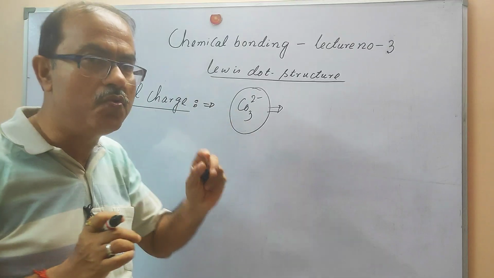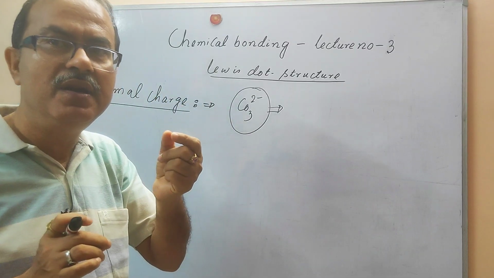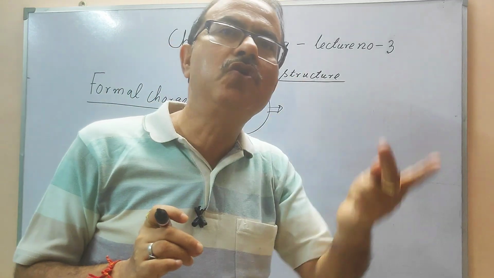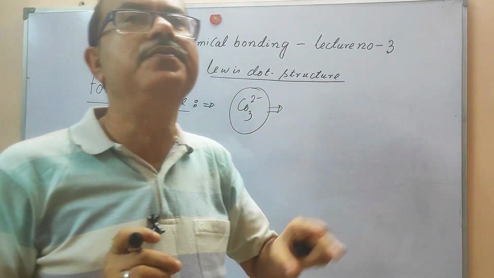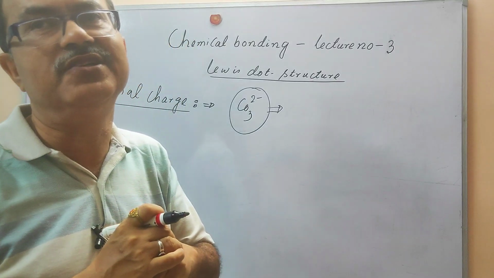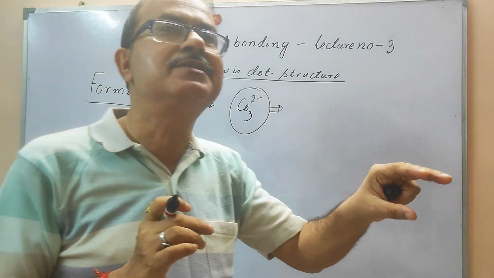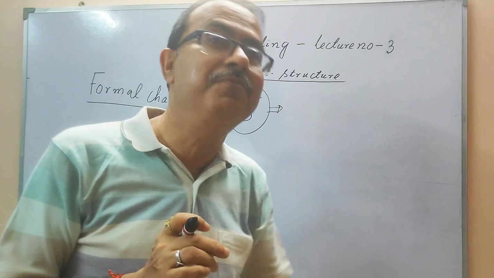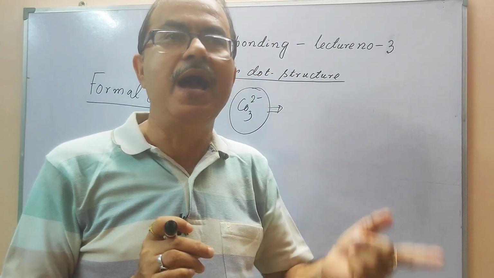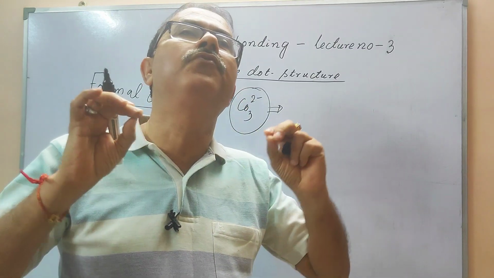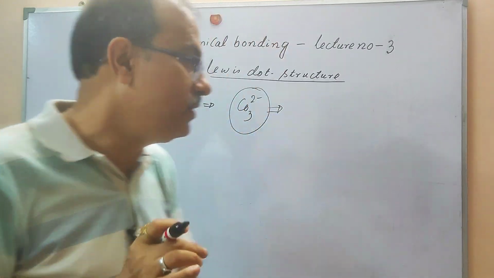So first we have to know the valence electrons and the electrons assigned when it is in the Lewis dot structure. Some electrons will be assigned to fulfill its octet, which will be different from the valence electrons, and this difference is going to create the formal charge on this particular atom.